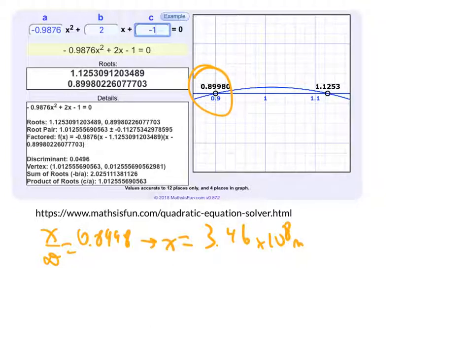So what we want is what we might call height above the Earth, which is going to be x minus the radius of the Earth, which is going to be really basically the same thing, because the radius of the Earth is like 6 million meters, and this is 346 million meters.